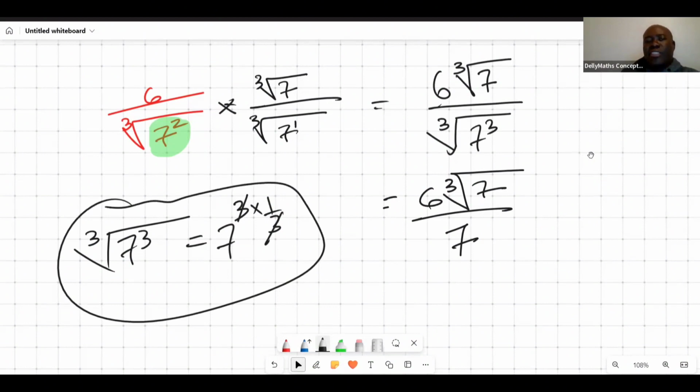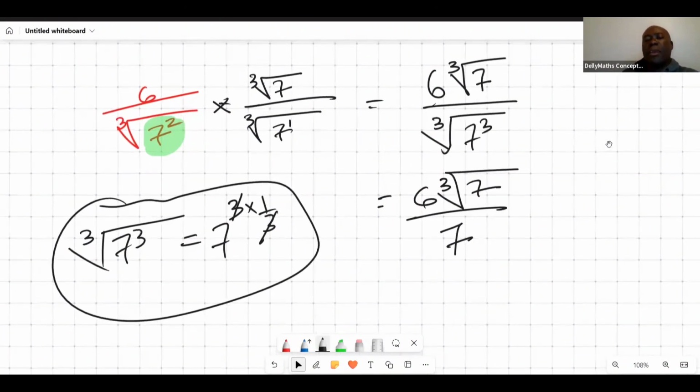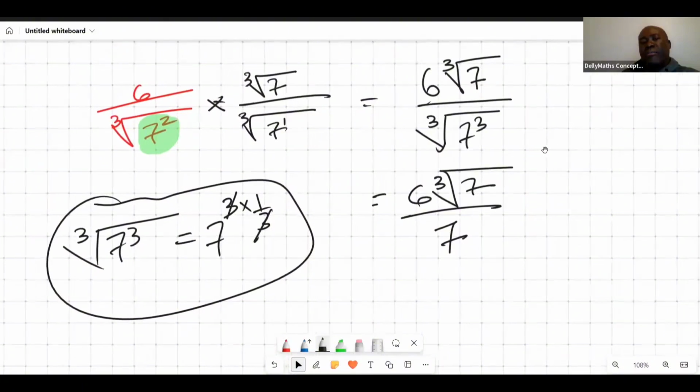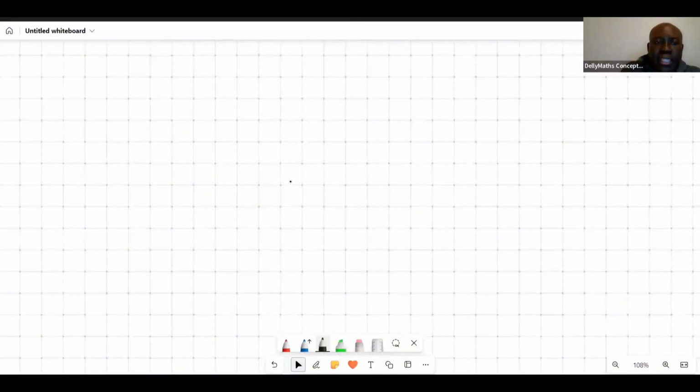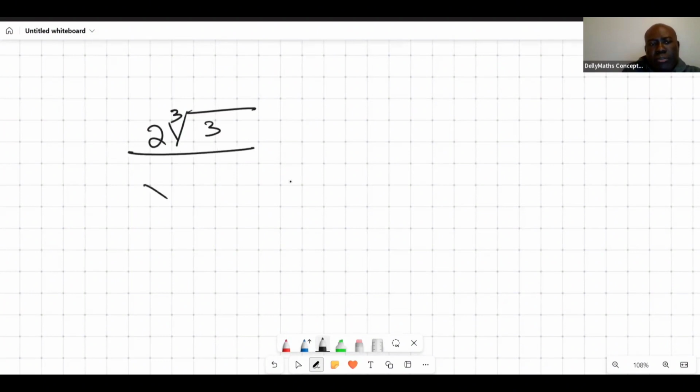So basically, if you're rationalizing cube roots, take into consideration what your radicand is and then find your way out. Let's do the final one. Let's say I have 2 times the third root of 3 over the third root of, say, 9.